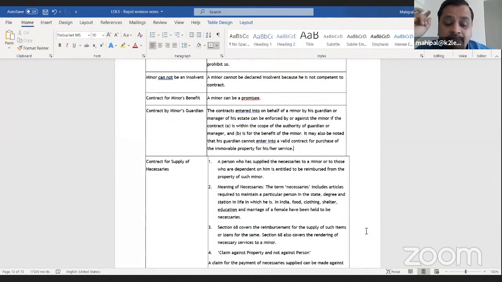Whenever necessaries are supplied to the minor or any other person legally dependent on such minor, then such necessaries can be recovered from minor's property. If minor does not have any property, then no recovery. Clear? The things supplied should constitute necessaries and the minor should not have an adequate supply of such necessaries.